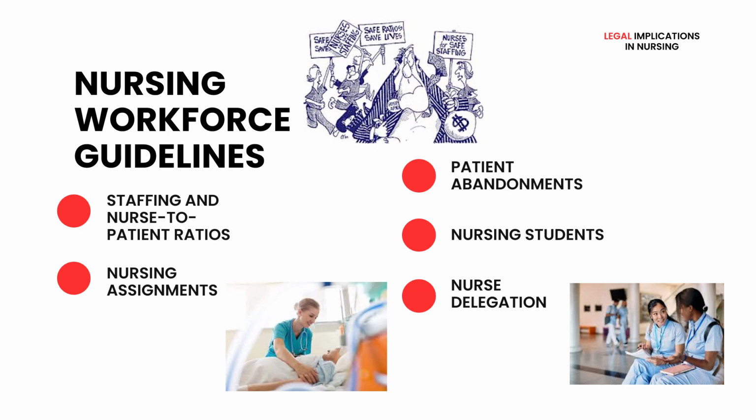Maybe another nurse? How are you delegating that and to whom? Also, right direction or communications. So we need to provide appropriate communication with the person that we are delegating to. And then, of course, the right supervision and evaluation. Because ultimately, us as the nurse, we are going to be accountable for the tasks that the person we delegate to does.